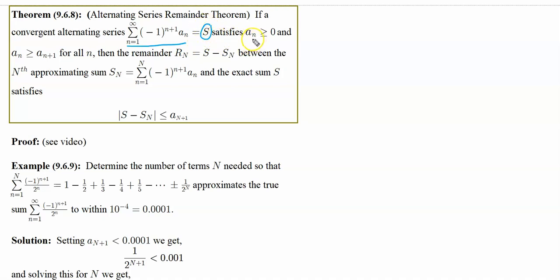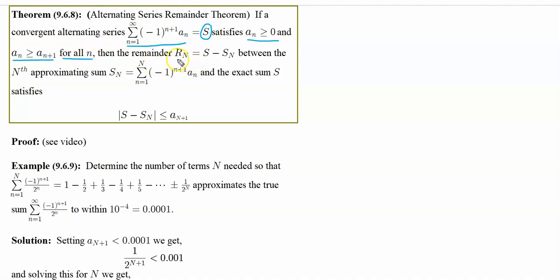And we also need, just like for the alternating series test, that the a_n are non-negative and non-increasing. Now for this test we do need it for all n, not just for n sufficiently large. It does need to hold for all n that you're considering.